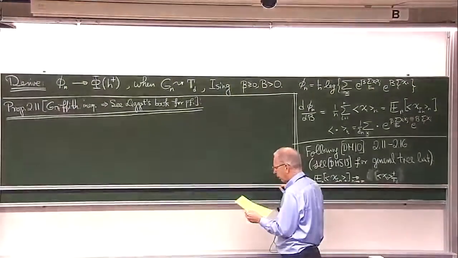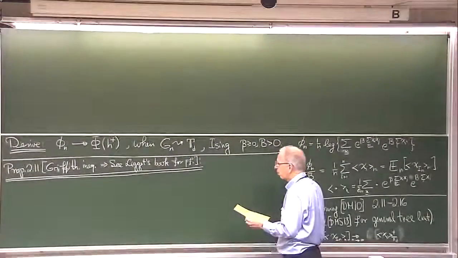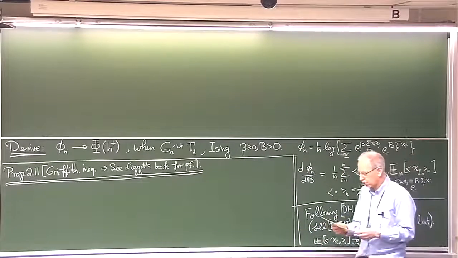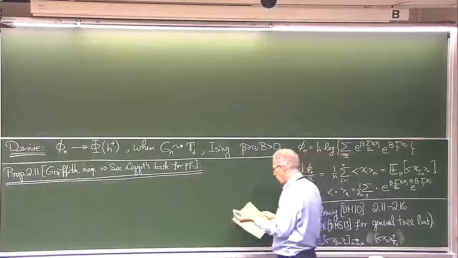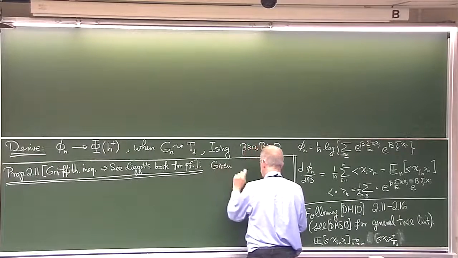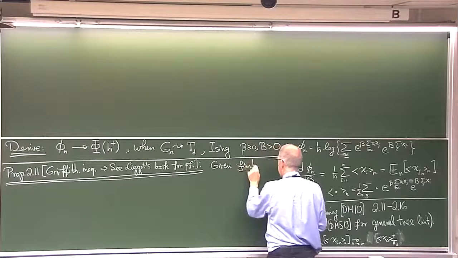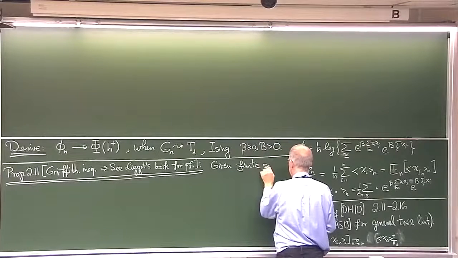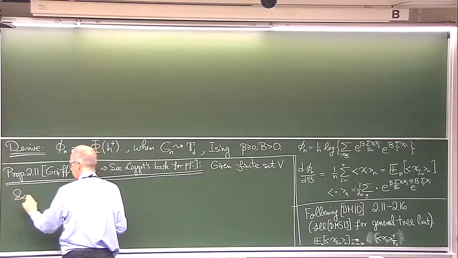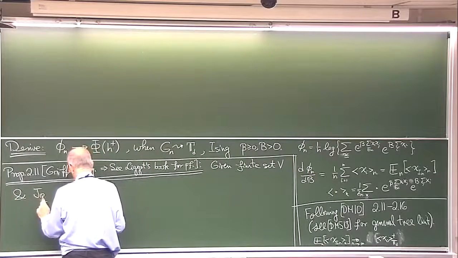So let me state for you the Griffiths inequality. I will not prove it. There is a very nice proof in Bldg's book. It's very short and it's computational. It's a very nice inequality. Given a finite set V and some collection of parameters J R.